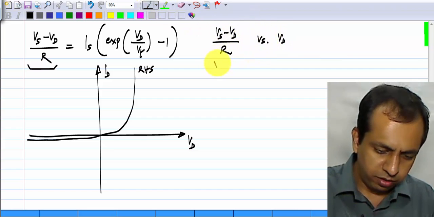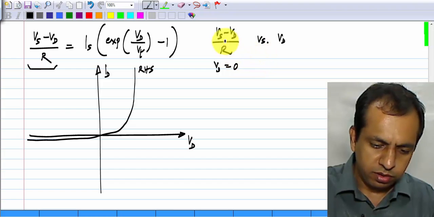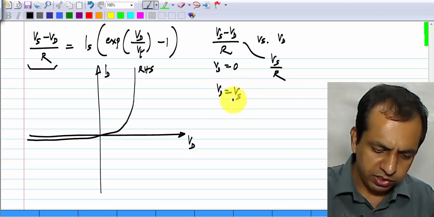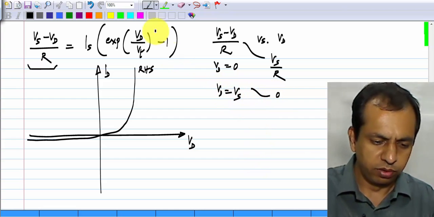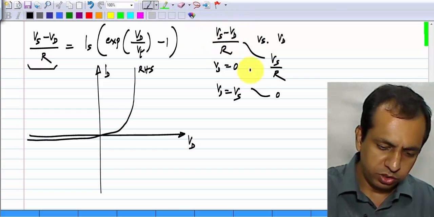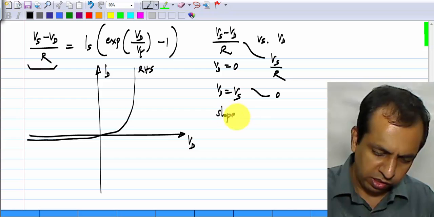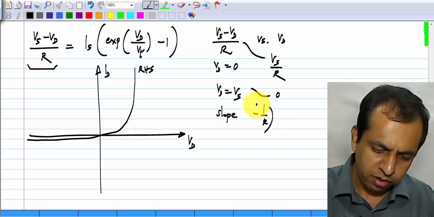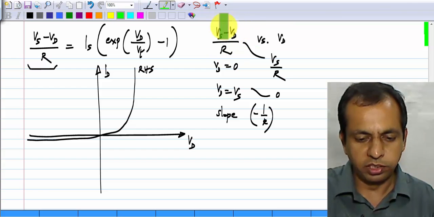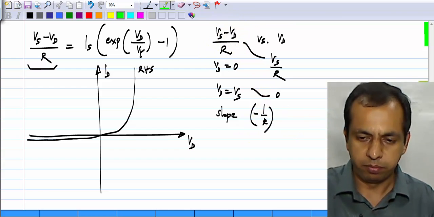When Vd equals 0, this function will be Vs by R, and when Vd equals Vs, this function will be 0, and it also has a negative slope, and the slope is minus 1 by R. Remember, Vd is the independent variable here, and the coefficient of Vd in this function is minus 1 by R.